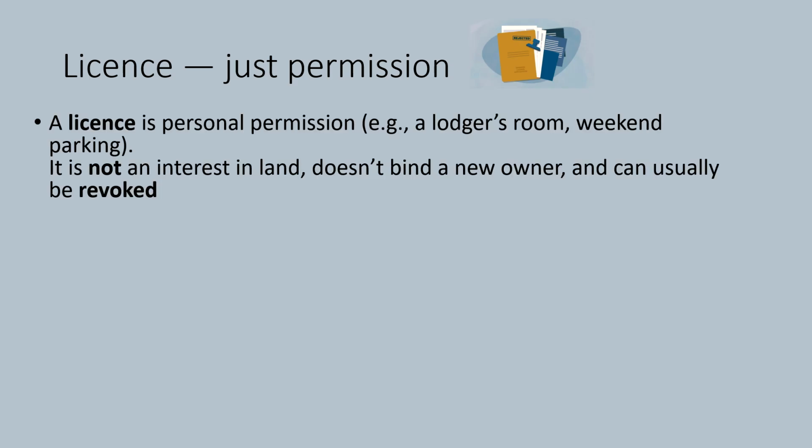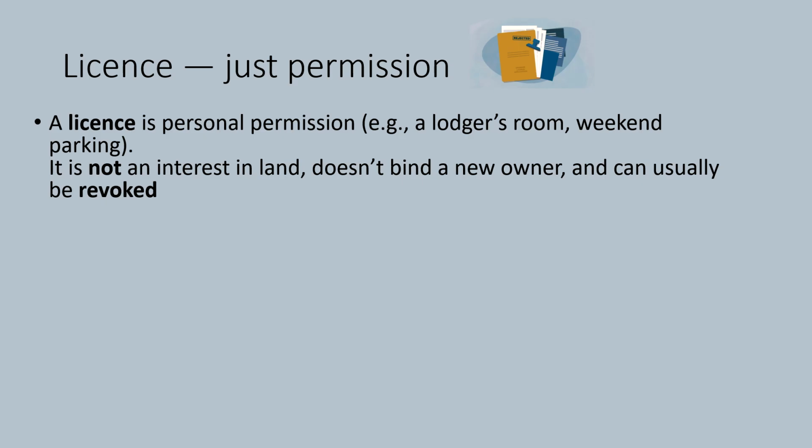Okay, and then lastly, just another type of exception is a license. So licenses are a bit different because they are just personal permissions. What do I mean by personal permissions?